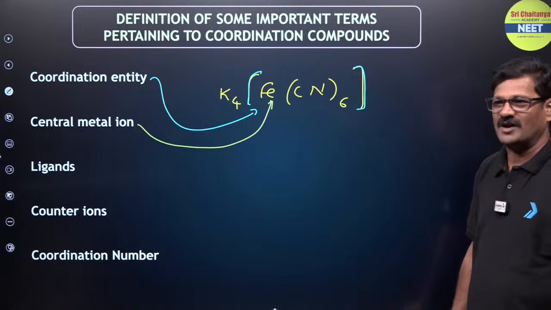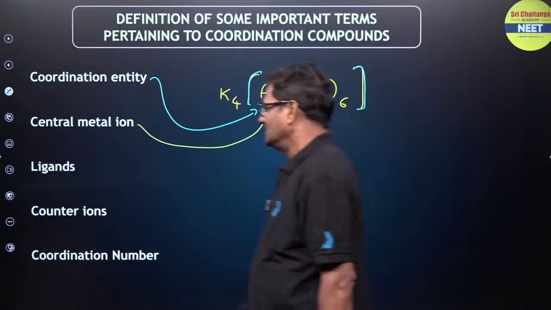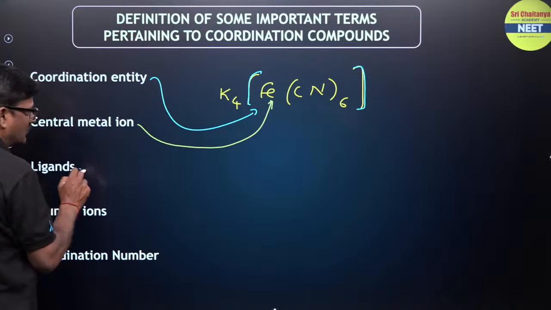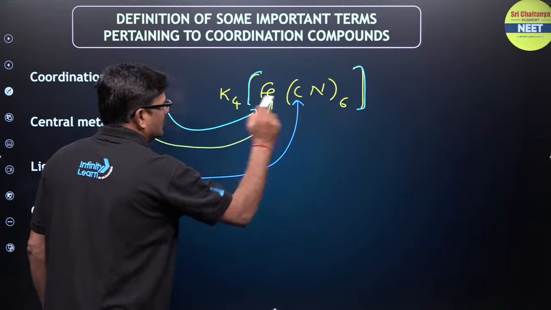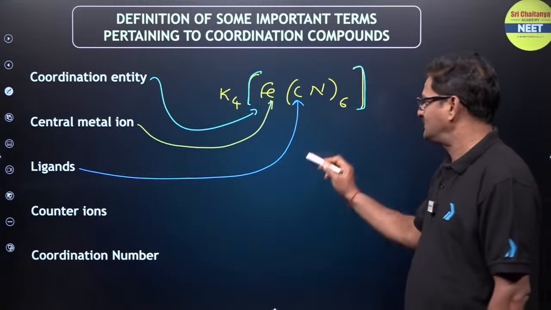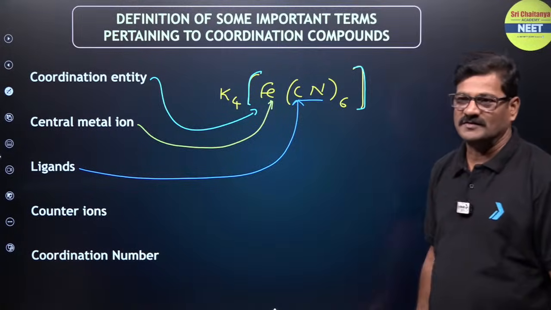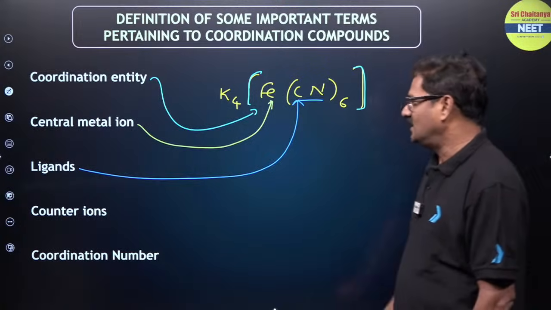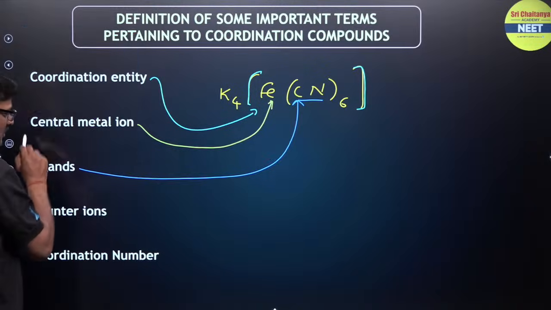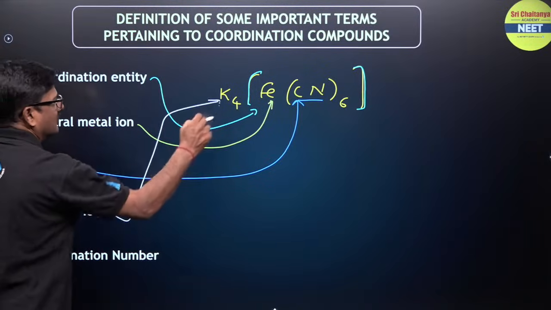It could be an atom or an ion. The species which donate the electron pair to the central atom to form a coordinate covalent bond is called a ligand, and I am going to give you the list of ligands. And this is your counter ion. Anything outside the square bracket is going to be the counter ion.